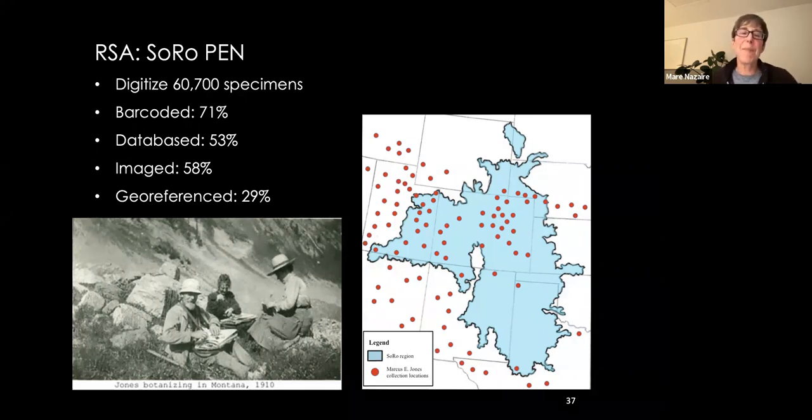It's been a challenge. This has been a little bit of a challenging project, but we've really digitized a lot. I'm only showing numbers here that represent the Southern Rocky Mountain region, but you could just double this because that's probably what we've done.